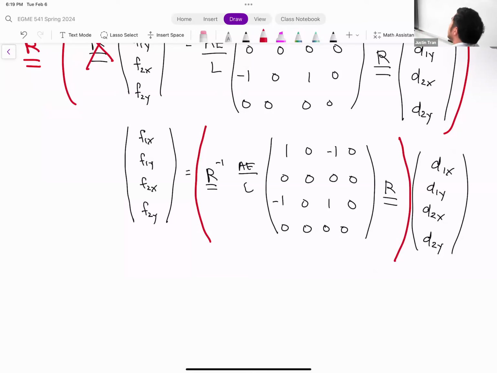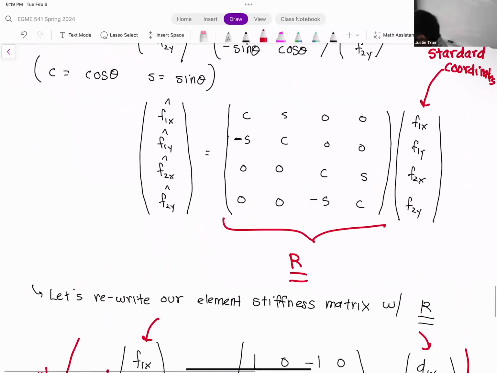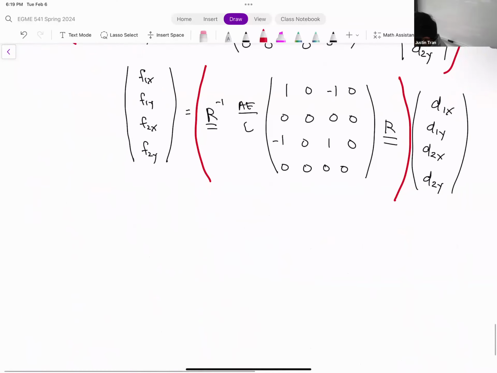I'm going to highlight the middle portion of this, everything that involves our transformation matrix R, our original element stiffness matrix AE over L, and the second R transformation matrix. We know everything here, because remember, R is simply this sine and cosine matrix up here. I'll spare you the pain since it's been a lot of linear algebra already.